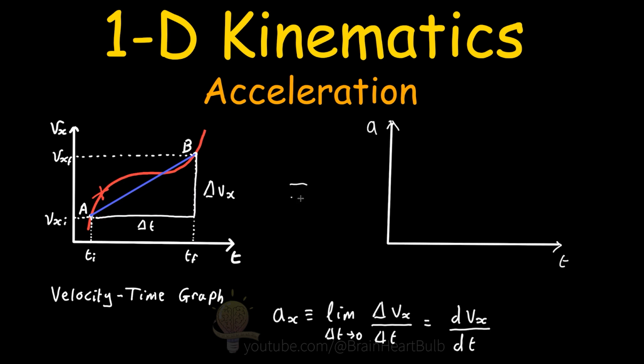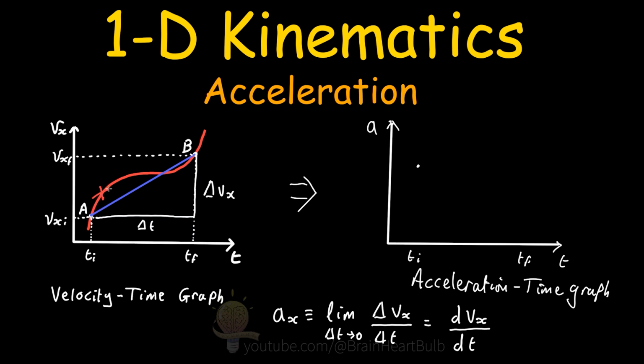Now, if we were to plot an acceleration time graph of this particle going from A to B, we might see something like this. At Ti, our initial time, we have a steep gradient here, which tells us that our acceleration is fairly high.